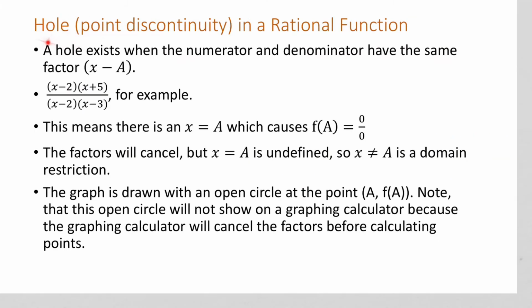Next, we're going to talk about holes. Holes are also called point discontinuities or removable discontinuities in a rational function. A hole exists when the numerator and the denominator have a shared factor, the same factor. Like in this example here, we have an x minus 2 in the numerator and in the denominator.